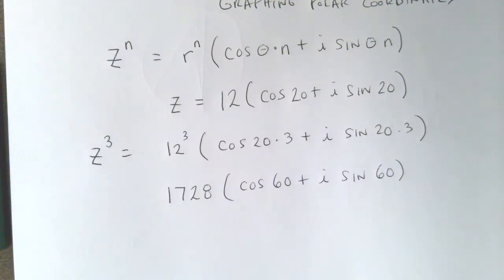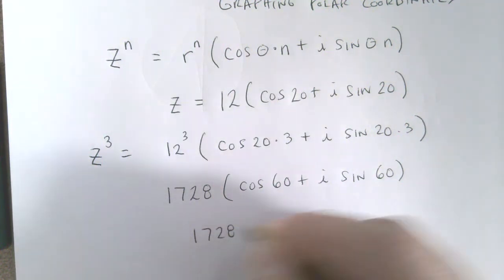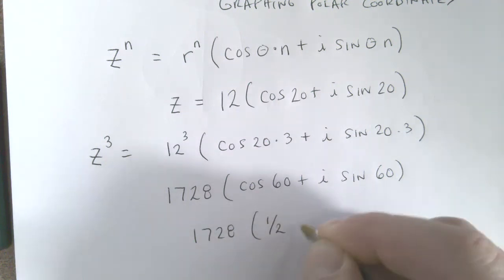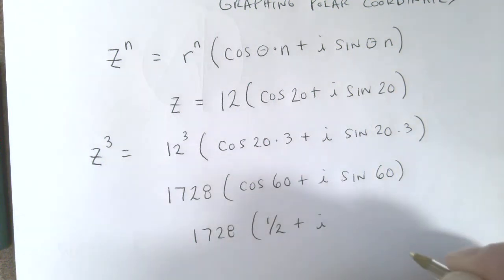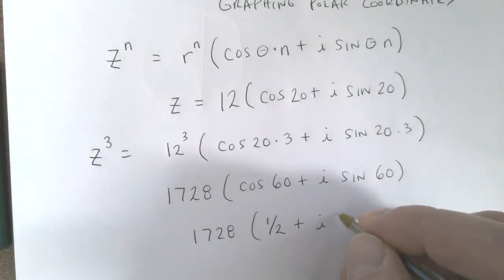Now we know from our unit circle the cosine of 60 is just going to be 1/2. That's one of our special angles. We know that the sine of 60 is going to be radical 3 over 2.